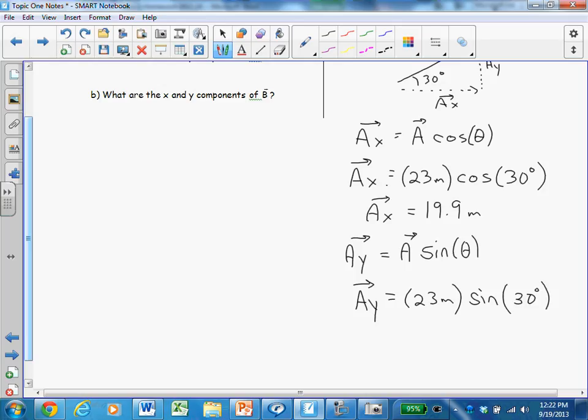Now we know what the sine of 30 is already. What did we get when we did that? Remember? 0.5.